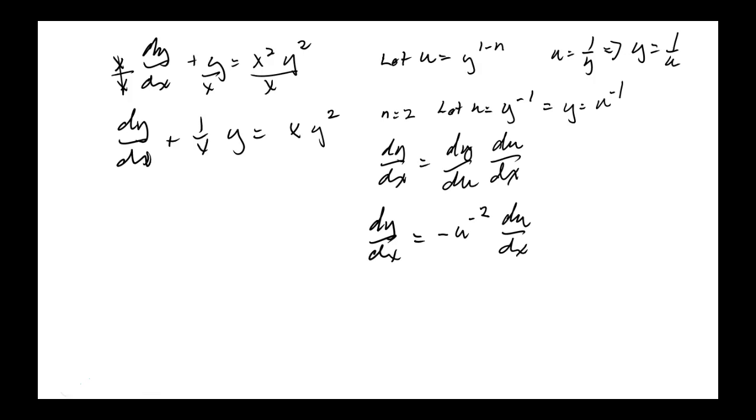Now, we take that and plug it in here. dy dx is that, so minus u to the minus 2 du dx plus 1 over x y is equal to, whoops.